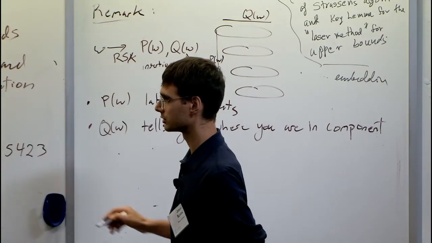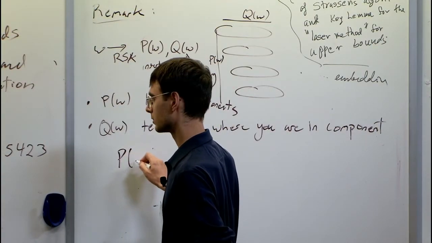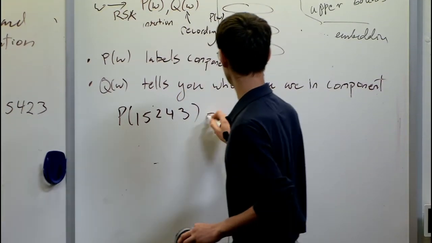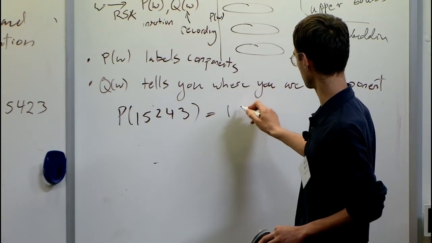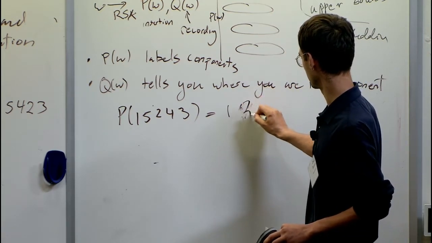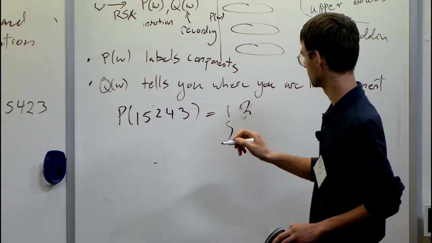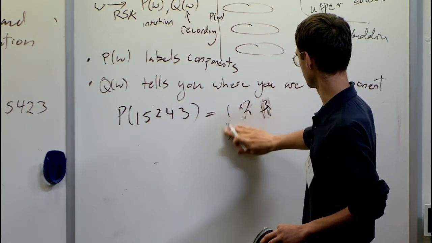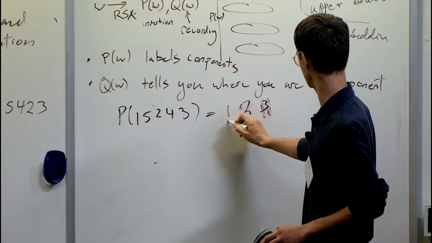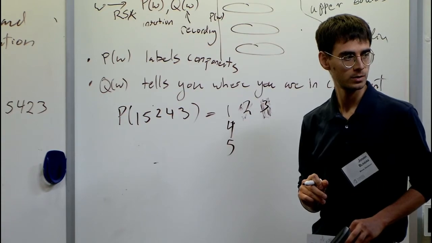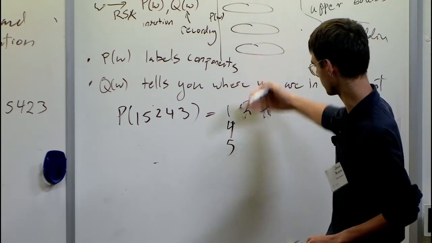Let's insert P of 1, 5, 2, 4, 3. I'll start with 1, 5, and then 2 bumps the 5. And then 4, and then 3 bumps the 5, right? Bumps the 5. From above. You bump from above into the tableau? Yeah, I start from the top.